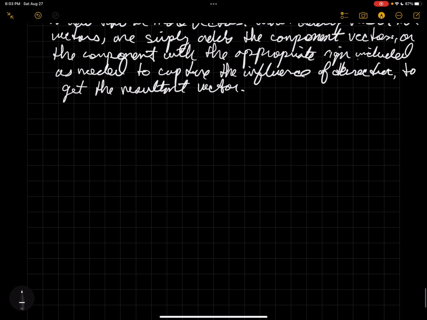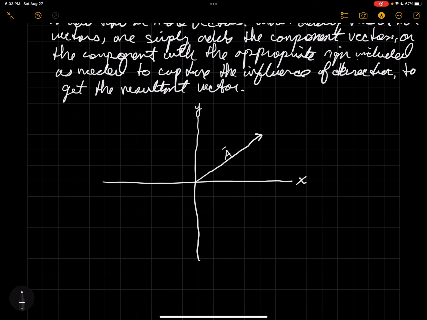So what I mean by that, again, looking at our coordinate grid, suppose we have vector addition with vector A, and we add to this vector B, and we want to know what the resultant vector is through the addition of these two vectors, vector C. So again, recall that vector C is vector A plus vector B. But what we can do is break each of the two vectors into their component vectors, where we have vector AY, and vector AX.